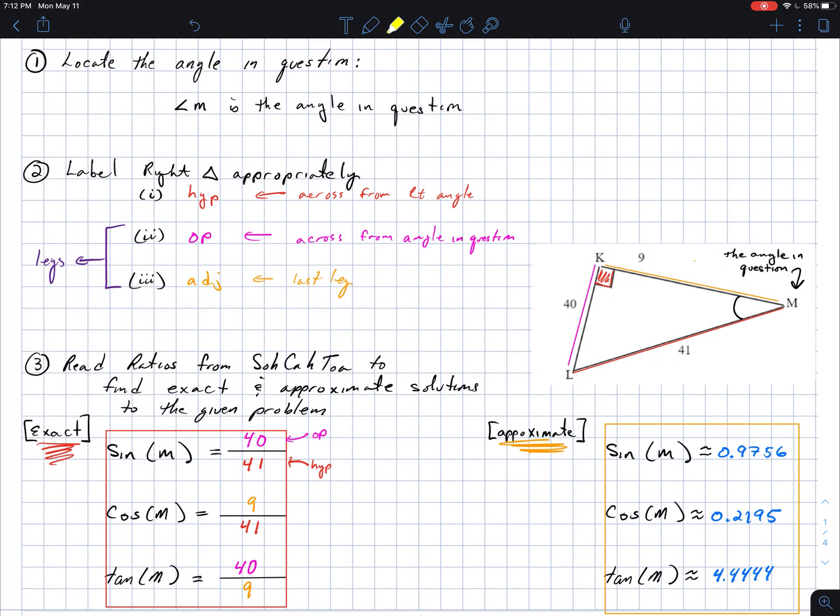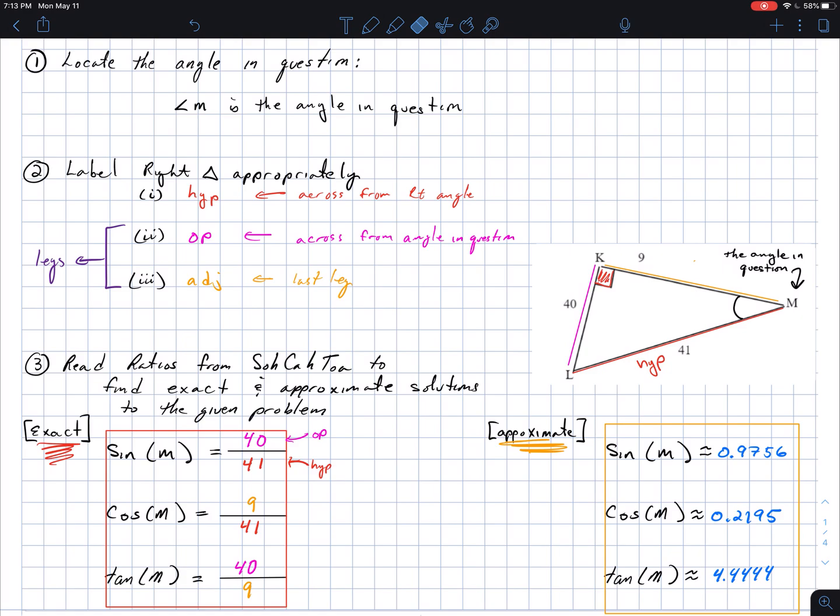You can see that there are three things that we have to label in a triangle. There are three sides to a triangle. So in a right triangle, we always have a right angle. So always start there. You'll notice angle K has the right angle. I want to look across and then label that side as the hypotenuse. That's the first goal.